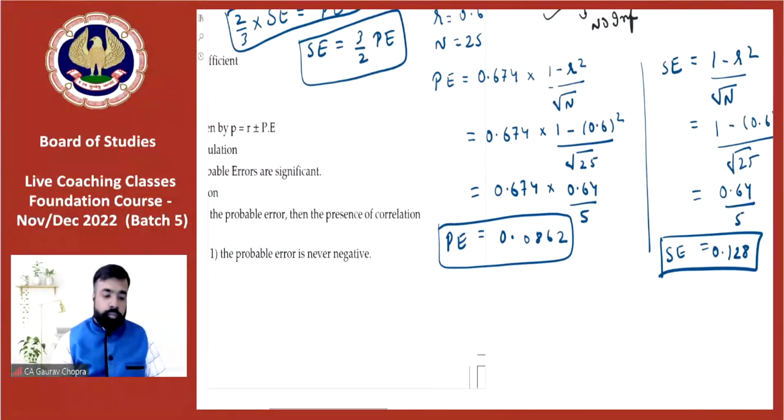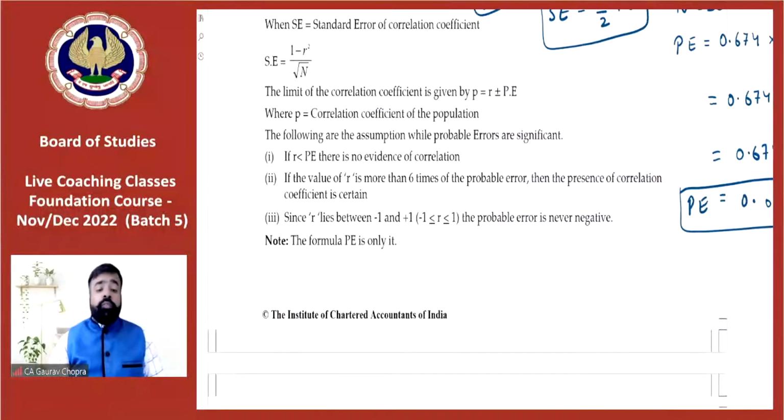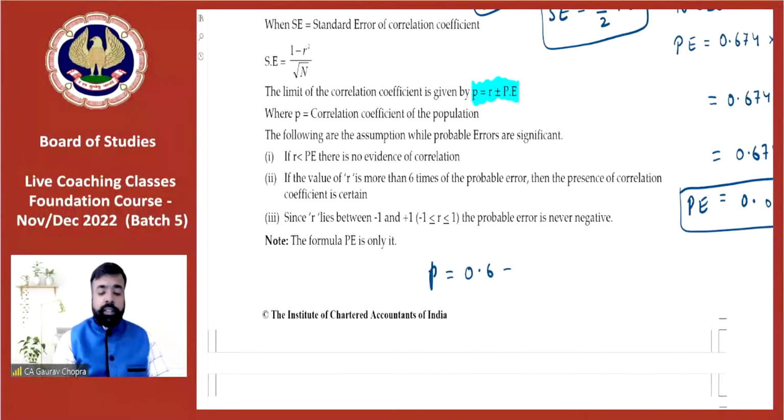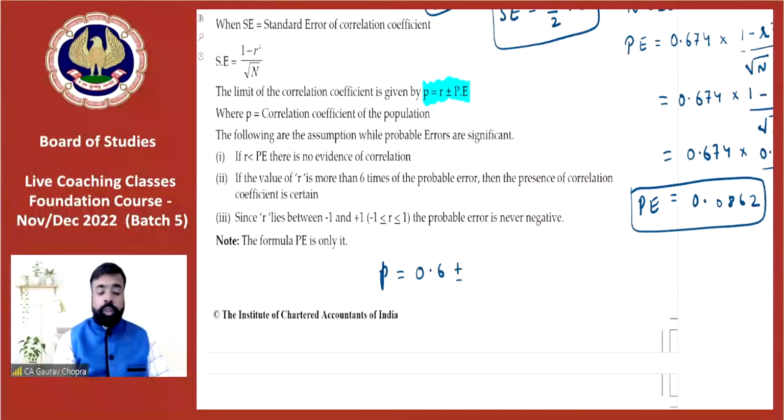Now, some more things. If we want to find out the limit of the correlation coefficient, there is one formula: P, which denotes the limit, is equal to r plus minus probable error. In the given case, r was 0.6 plus minus, and the value of probable error is 0.086.